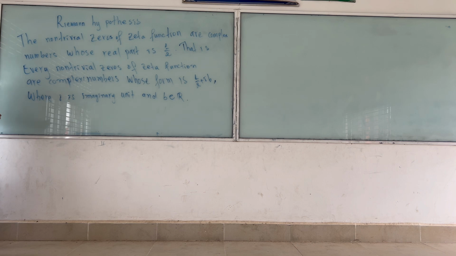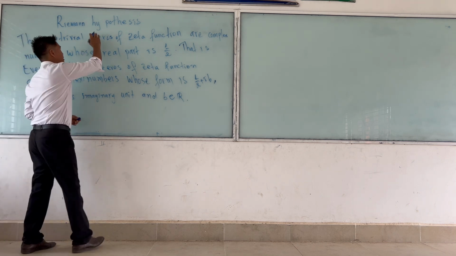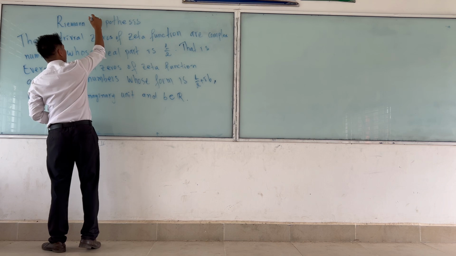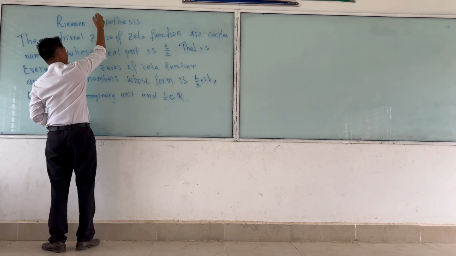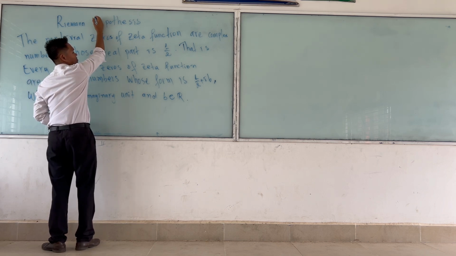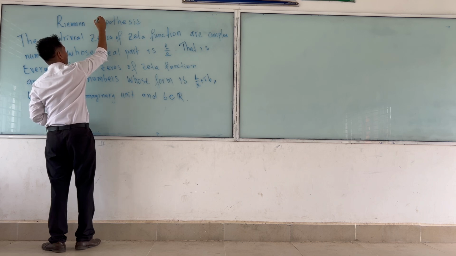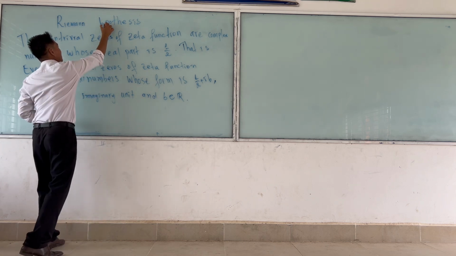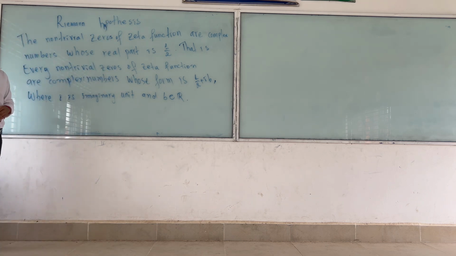Riemann's hypothesis has been developed in mathematics and science for more than 100 years. And he said that every non-trivial zero of zeta function are complex numbers whose real part is 1/2, like this.